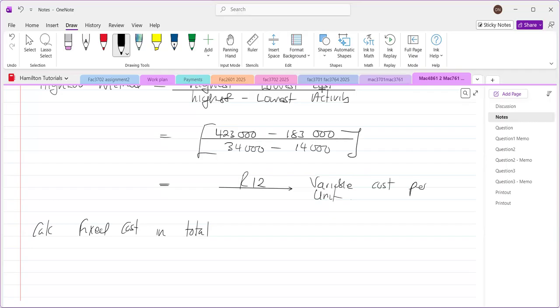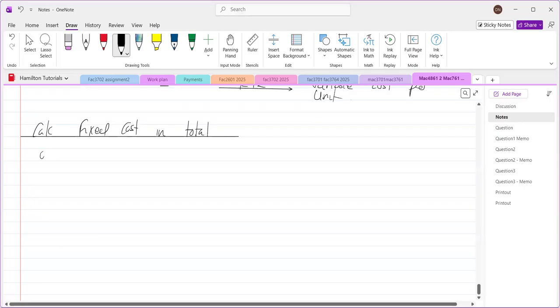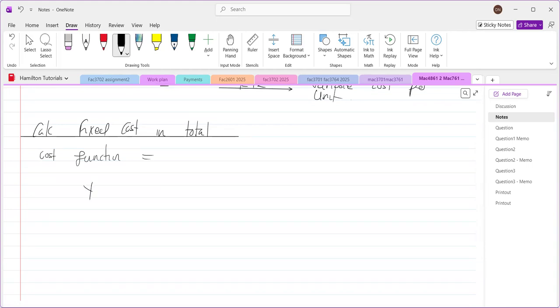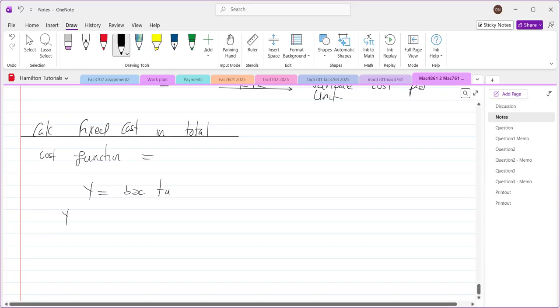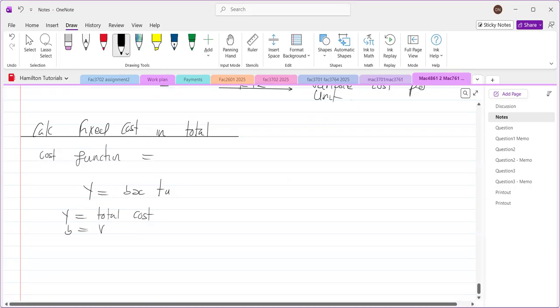Sharp, sharp. Right, so we have what we call the cost function, which is y is equal to bx plus a, where y represents the total cost. b represents always the variable cost per unit. x in management accounting always represents total output.